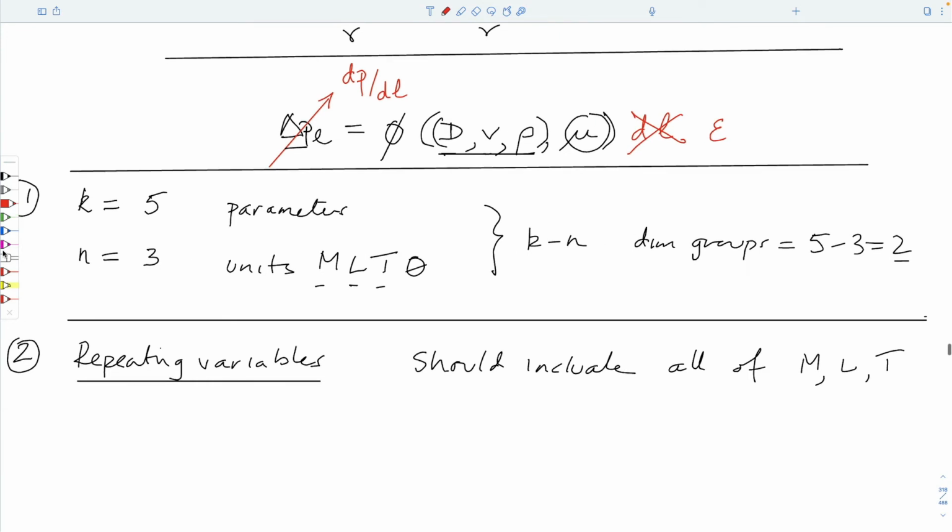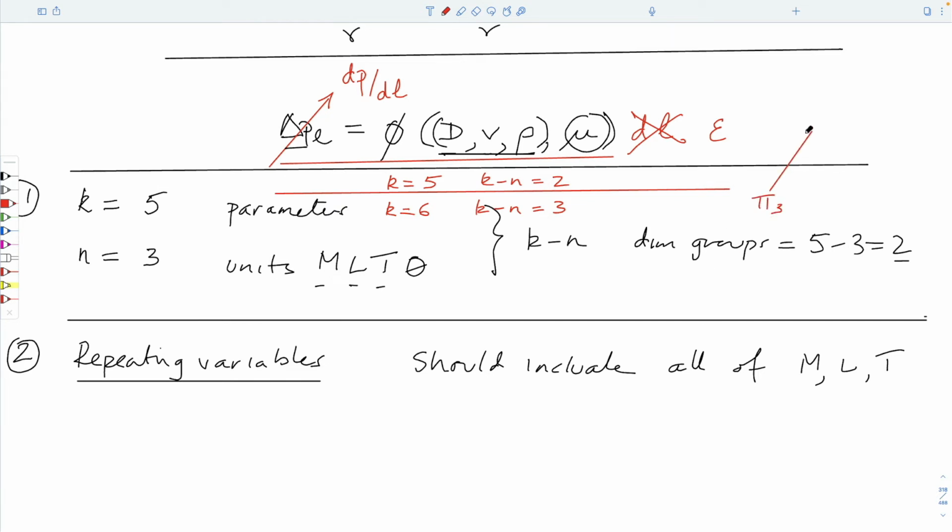And so before, what we did was we had k equals 5, so k minus n was equal to 2. Now, if we include this extra parameter, which is epsilon, then we have k is equal to 6, and k minus n is equal to 3. And so we have another term, pi 3, that we need to figure out.